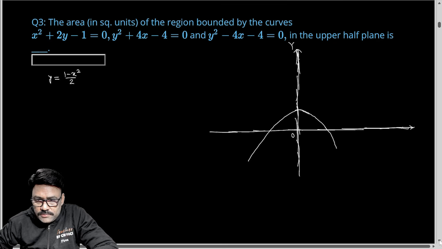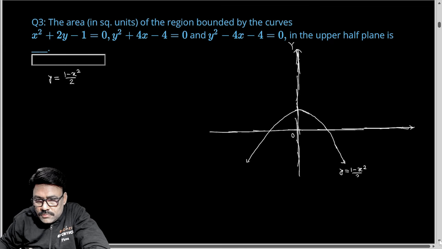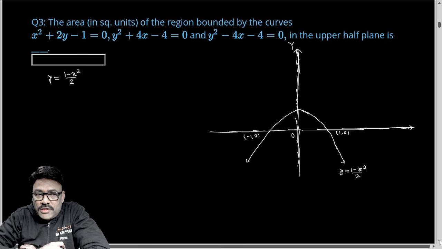So this is the parabola y is equal to 1 minus x square by 2. This point is 1 comma 0. This point is minus 1 comma 0. And the vertex of this parabola here is 0 comma half. This vertex is 0 comma half, the turning point of this parabola.